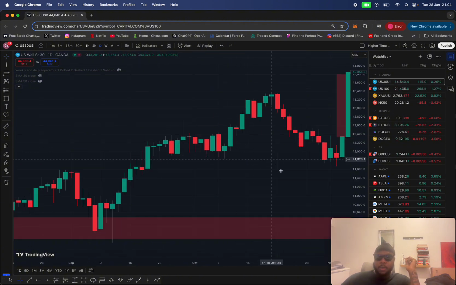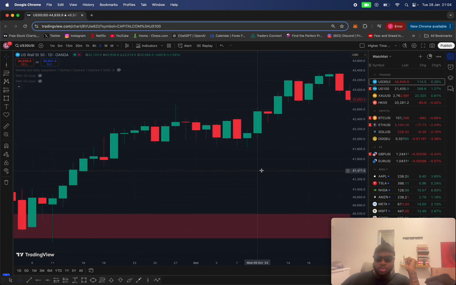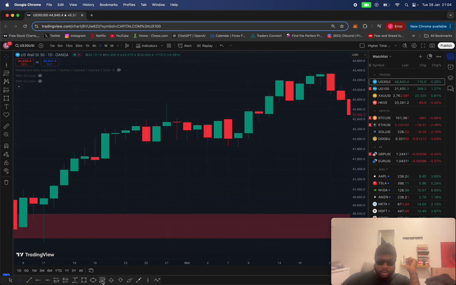I'll give you a quick method for being able to draw a gap accurately. So the way that institutions draw their fair value gaps is from the low of the previous candle, the gap that occurs. So that looks like this.